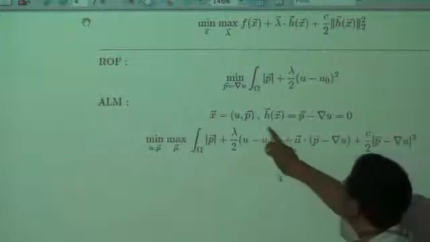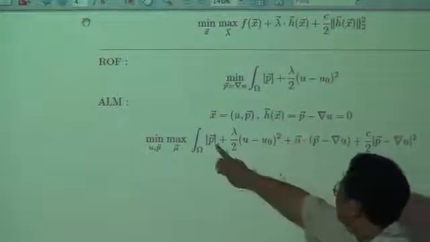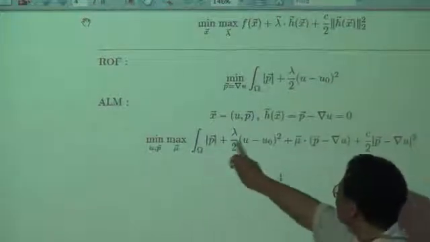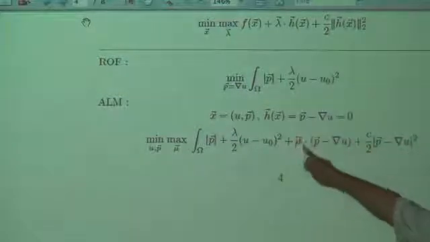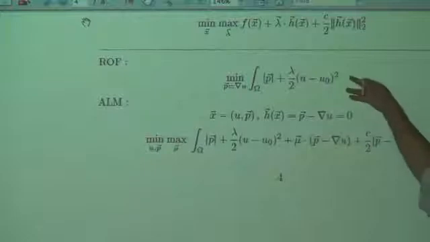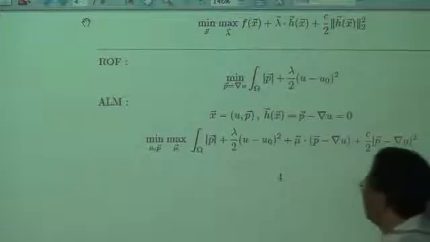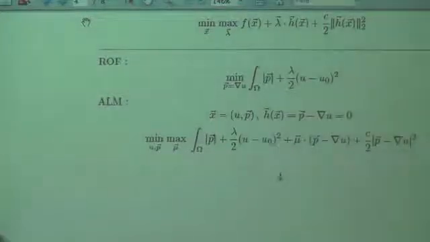Therefore, if you use the Augmented Lagrangian with x equal to (U, P) and h equal to this one, you get a multiplier mu and p. Here is the Lagrangian term, and here is the penalization. So this will be the Augmented Lagrangian for the new formulation of the ROF model.